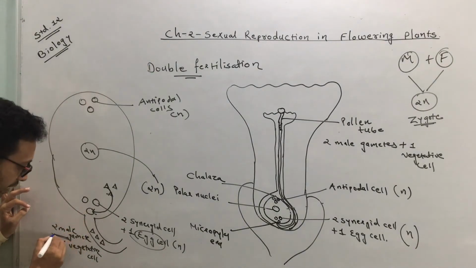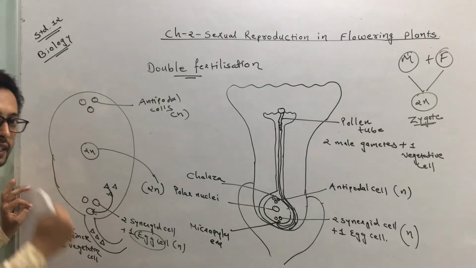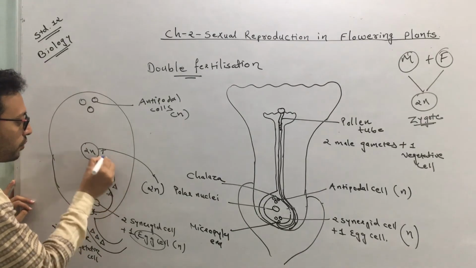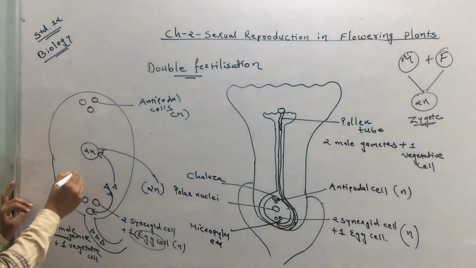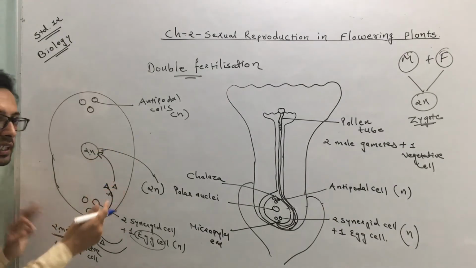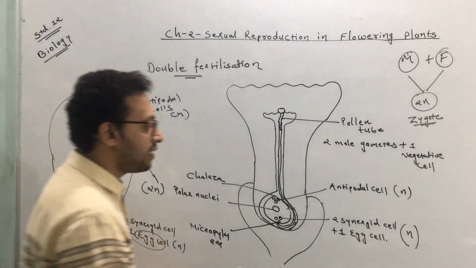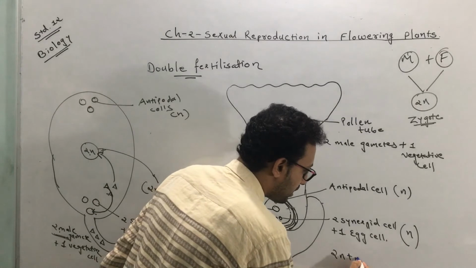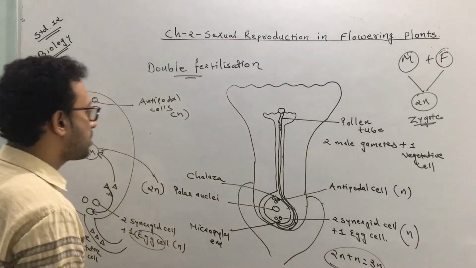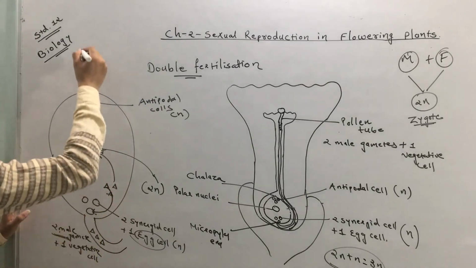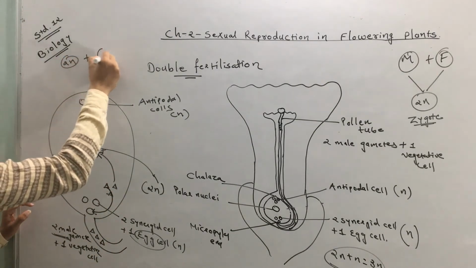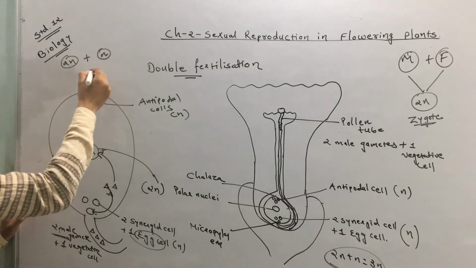Now the other male gamete, because we have 2 male gametes, fuses with the polar nuclei. The polar nuclei is 2n diploid, and the other male gamete is haploid. 2n plus n makes 3n. Here, 2n is the polar nucleus and n is the other male gamete.